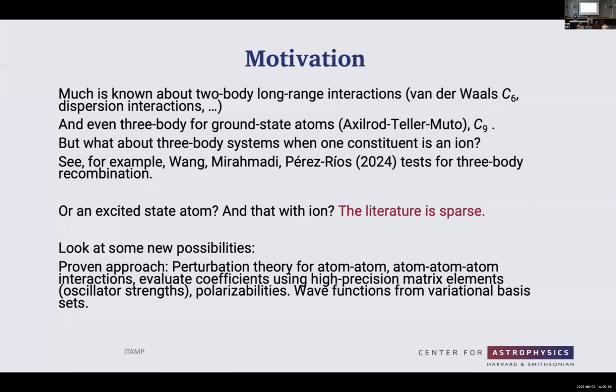and I want to look at these new possibilities. Now we have a great toolkit at our disposal, perturbation theory for atom-atom and triple atom interactions. We can evaluate the coefficients using some really high precision wave functions that we have available, and calculate oscillator strengths, polarizabilities, etc. Somebody asked about dynamic polarizabilities.